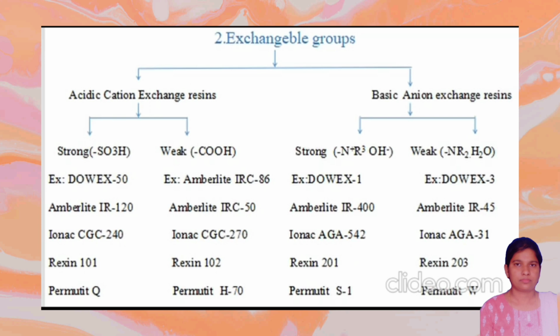In 1946, first strongly basic anion exchange resins were invented. The examples for strongly basic anion exchange resins are Amberjet 4200, Amberjet 4400, Amberlite IRA402, Amberlite IRA96 RF.